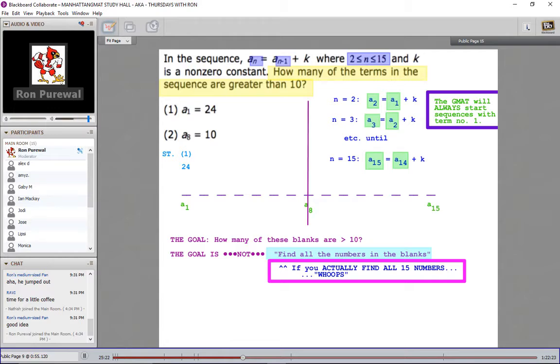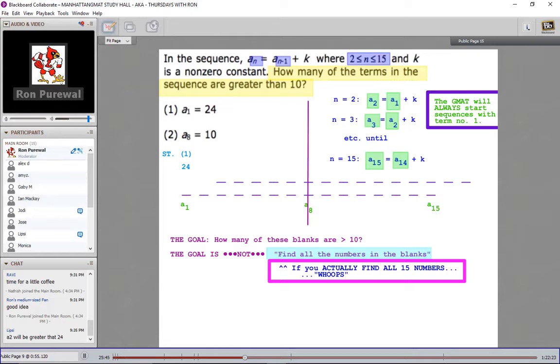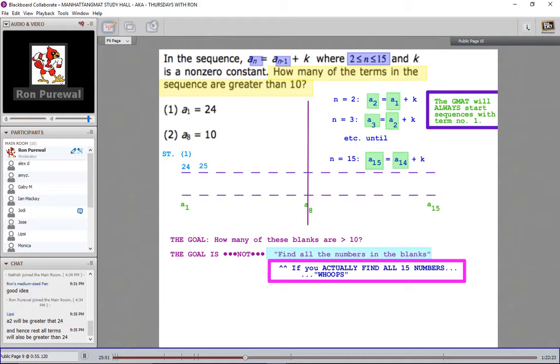What's probably the first way that comes to mind to make a sequence starting with 24? Yeah, the first thing that comes to mind is probably something like 24, 25, 26. Just counting up by 1, right?